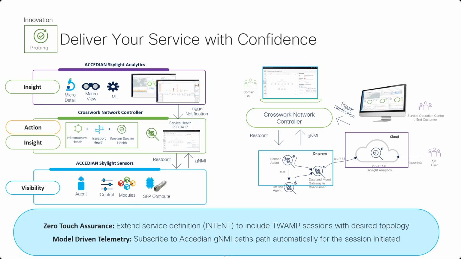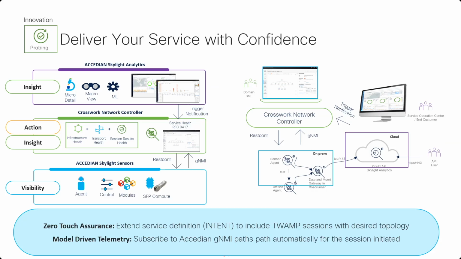One of the points I was saying at the beginning is that we are not going to replicate assurance functions across the whole stack, but we are adding additional information step by step. So in the case of the Crosswork Network Controller, we are not consuming all the data that the Accedian sensor can provide. We are not going to do specific analytics or trending analysis of all the data that the sensors are collecting. This type of functionality is going to be provided by Skylight Analytics.